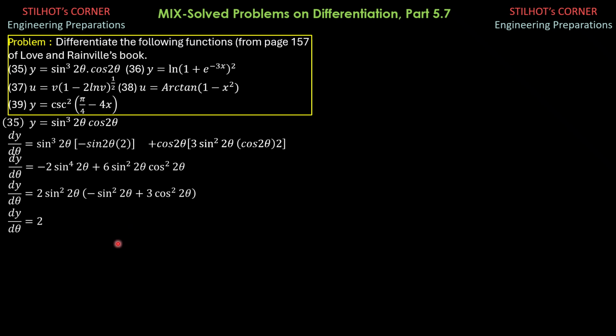So we have to rewrite it as 2 sine square of 2 theta times quantity 4 cosine square of 2 theta minus quantity cosine square theta plus sine square of 2 theta. So take note that the terms inside these brackets is equal to this, so that we can replace this expression by its identity, which is equal to 1. So the final answer dy d theta is 2 sine square 2 theta times quantity 4 cosine square of 2 theta minus 1. So that's it.